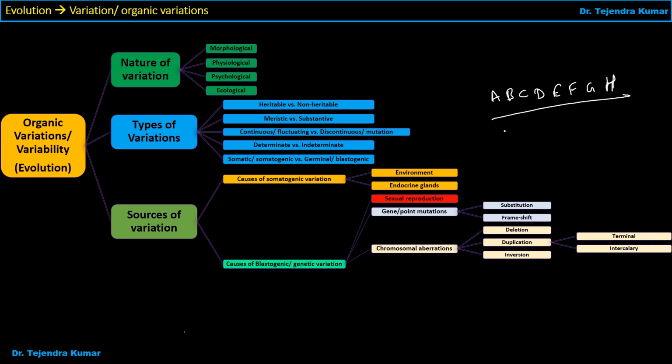Let's suppose this is changing in this way. So A, B, C, F, E, D, I'm talking about this one, G. So this segment is completely turned over by 180 degrees. So what will happen? Now its gene order is changing and the product can also change. So this is happening sometimes.